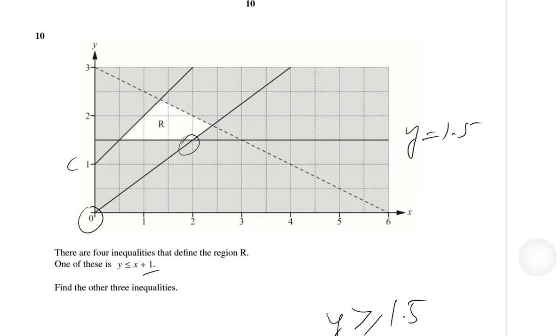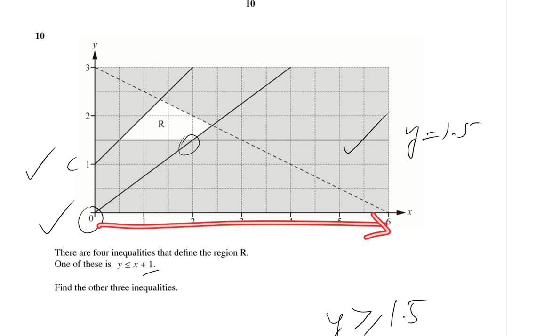2 gone, 1 to do. This is already taken. This is done. This is done. So we are left with the dotted one. You can see 3 points movement in the y direction, 6 points movement in the x direction. Gradient is y over x, but the line is falling from left to right.